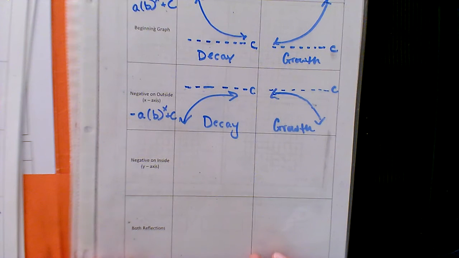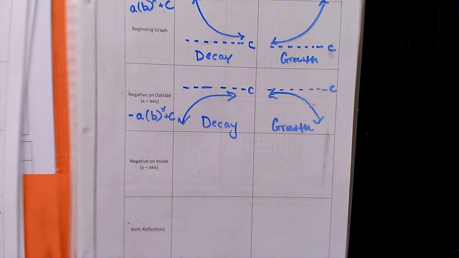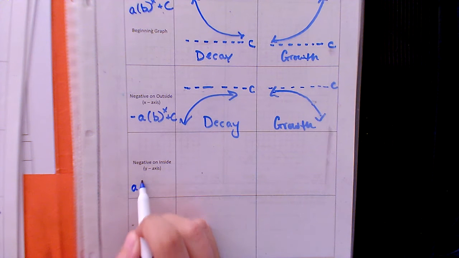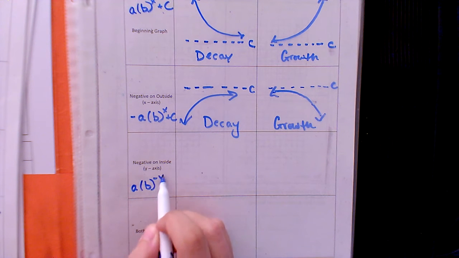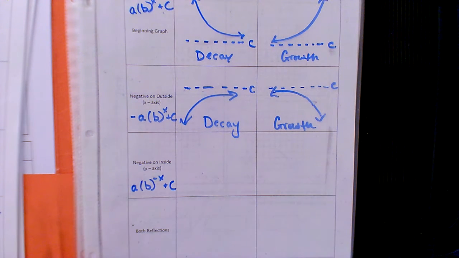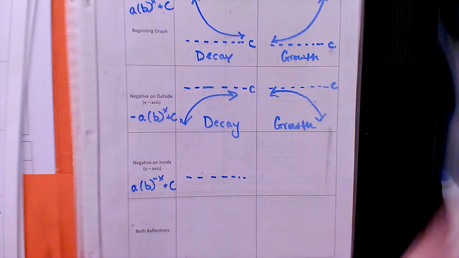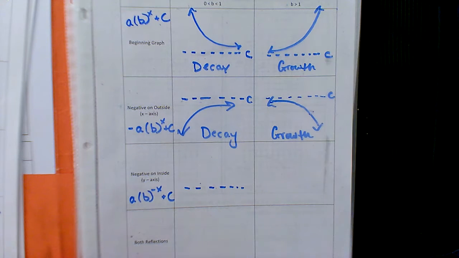Okay. So a negative on the outside flips it upside down. Let's check out the next one. Negative on the inside, that would be in the power spot with the x. That's going to flip our beginning graph left and right. So if we took the beginning graph from the top and flipped it left and right, it would now be towards the asymptote on the left-hand side, and it would go up on the right-hand side.